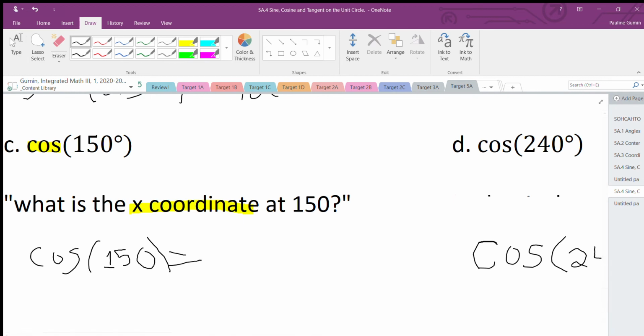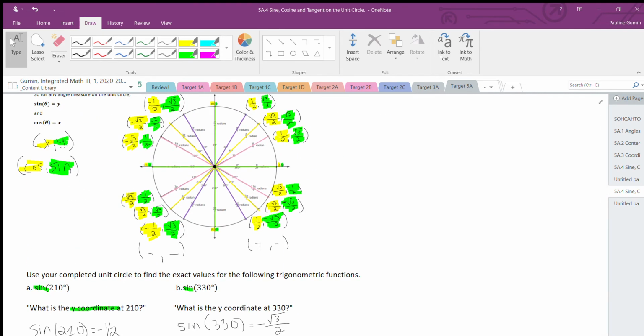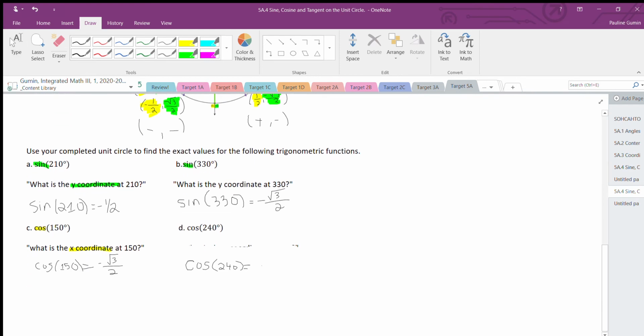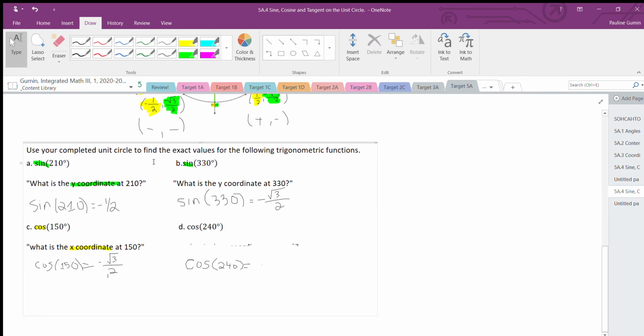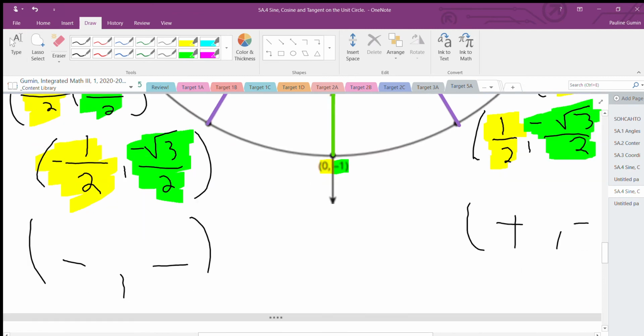Yeah, we have repeating answers, but there's only so many variations that we have with these perfect, quote-unquote, angles of the unit circle. Lastly, cosine of 240. That's actually asking us, what is the x-coordinate at 240 degrees? There's 240. The x is -1/2.